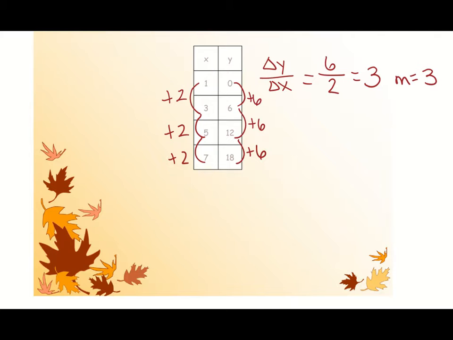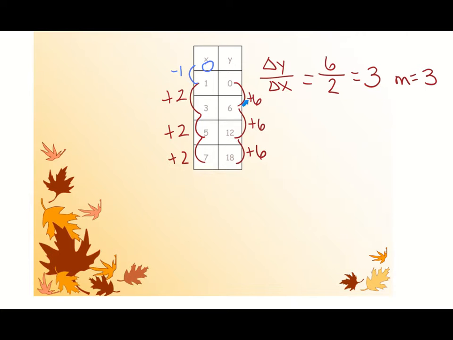This is a little bit different than the pattern in the table as it was given to you, because from one x value to the next it was adding 2 each time. So if I'm subtracting 1, really that's taking half of this change. If I'm taking half of the change here, I'm also going to have to take half of the change here.